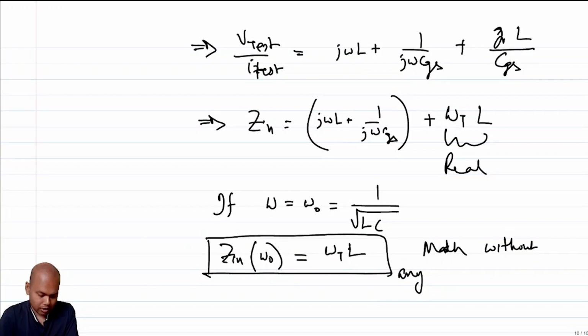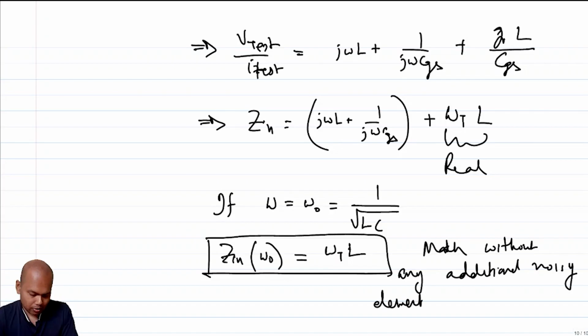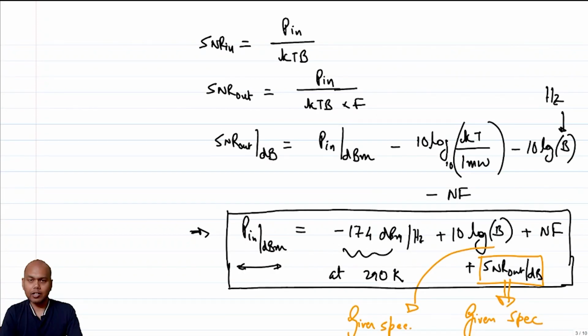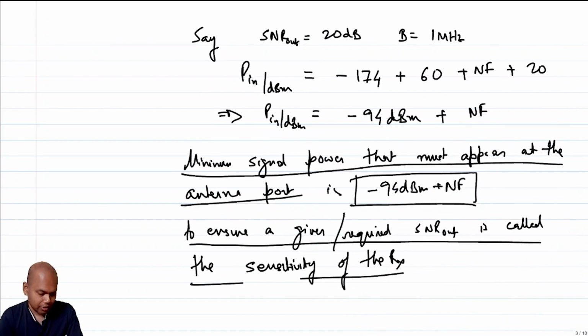So again, to quickly recap, what did we learn today? We saw the impact of noise figure from a system perspective, right? Then we saw that it directly impacts the sensitivity of our receiver, which is the minimum amount of signal that I expect at the input of the receiver to make sense of the output, and noise figure has a direct impact on that.